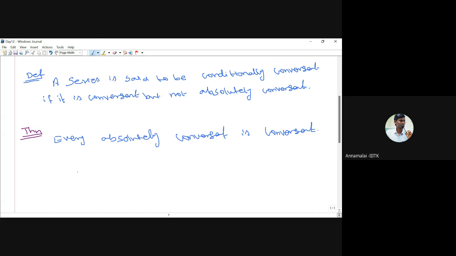Suppose we take the given series summation an and assume that it is absolutely convergent. That means summation modulus of an is convergent, right? And whether an is positive or negative, an is always less than or equal to modulus of an, because modulus is a positive number.